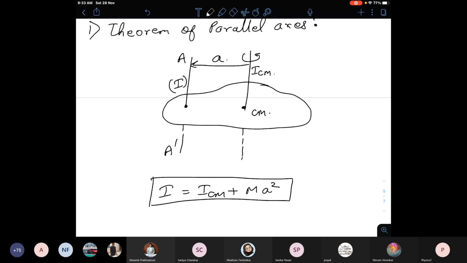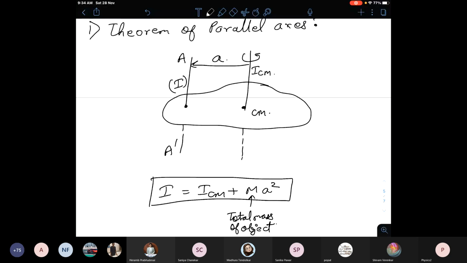But first, let's see what the important terms are which you have to take care of while using this theorem. First of all, the first term is the mass. This m is the total mass of the object.